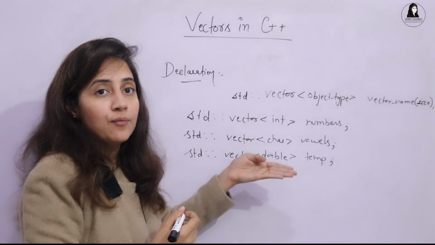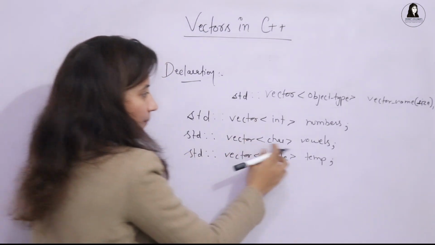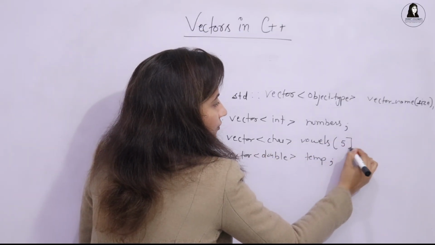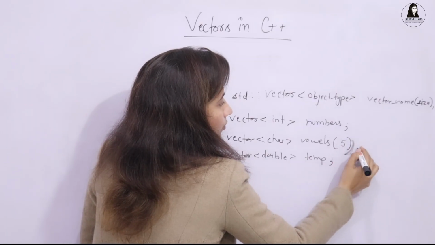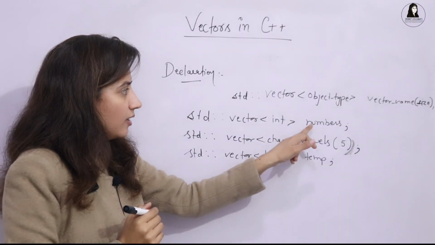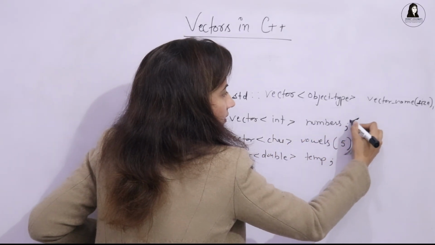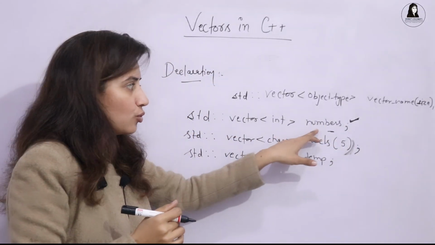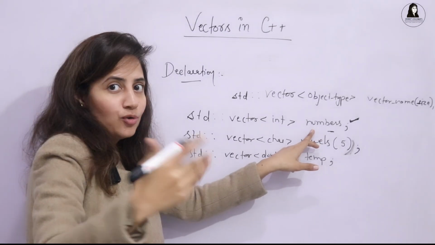Or if you want to declare a vector with size, you can give it. Let's take this example. I want to modify this. Here the brackets would be round brackets. We have declared a vector with size, and these are with no size. If there is no size, then numbers would be an empty vector. Right now we cannot store any number, but the size can be increased according to our need.